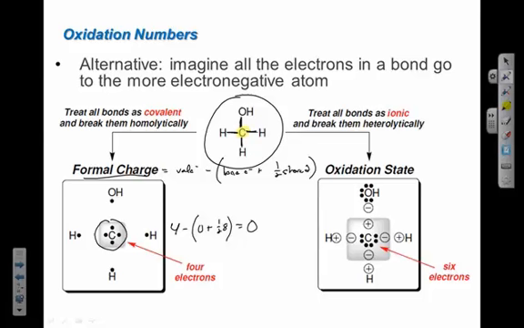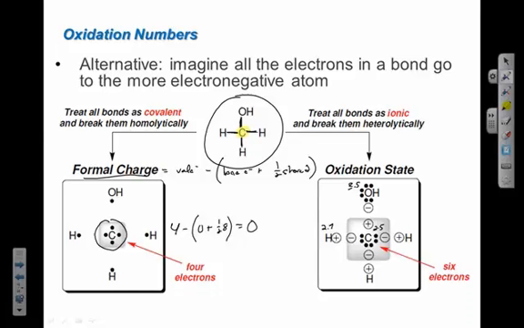So because oxygen, 3.5, is more electronegative than carbon, and carbon is more electronegative than hydrogen, we can use those differences to split up the electrons. So if I want the formal charge for carbon, I split all of the bonds evenly, and I assign only half of the shared electrons to the atom to calculate its formal charge.